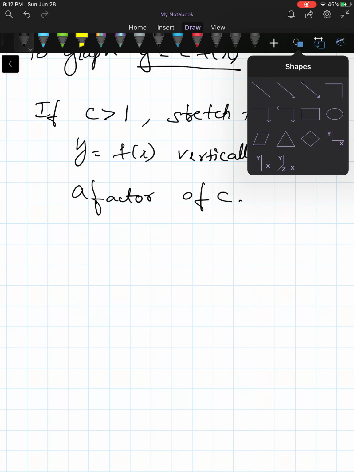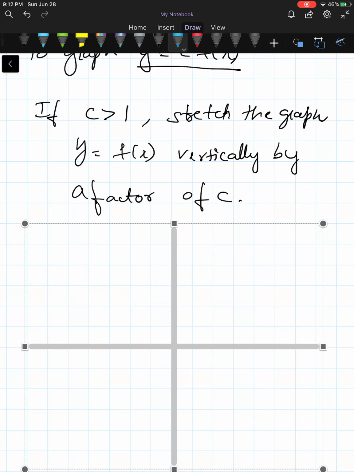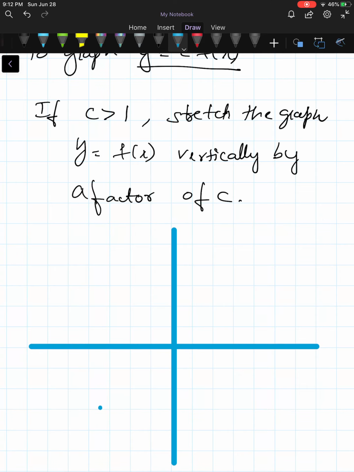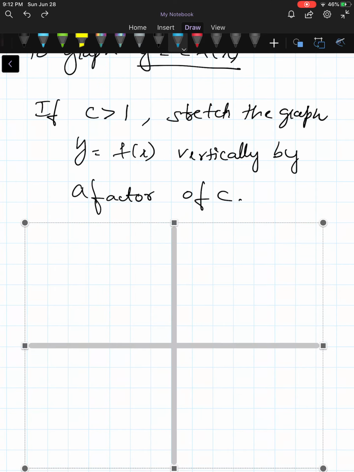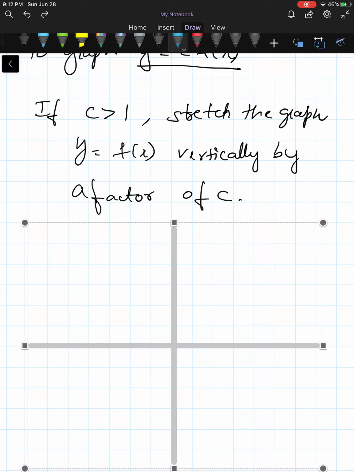If you want to represent what I said now using a graph, say you have a function of this format, which looks like this.